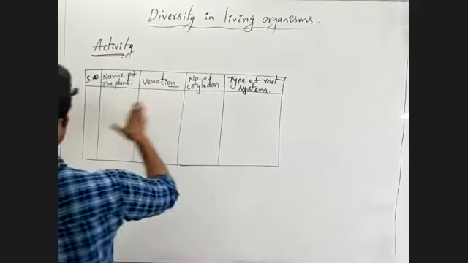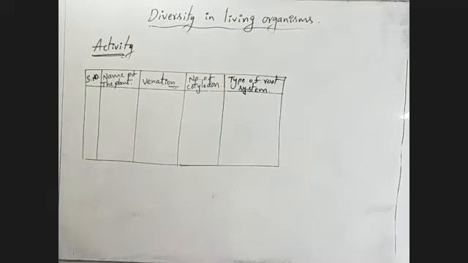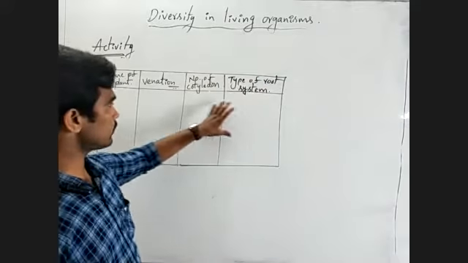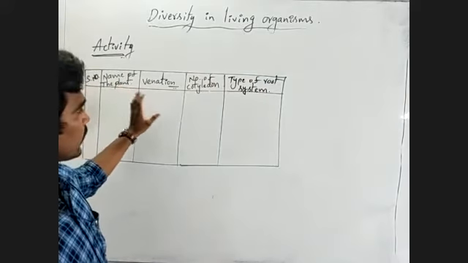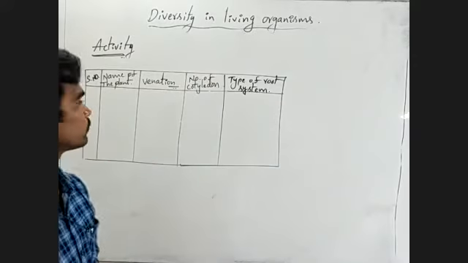Okay, observe. These are the characteristic features. After observation, you have to note down the differences and characteristic features of the monocot and dicot plants in this table.